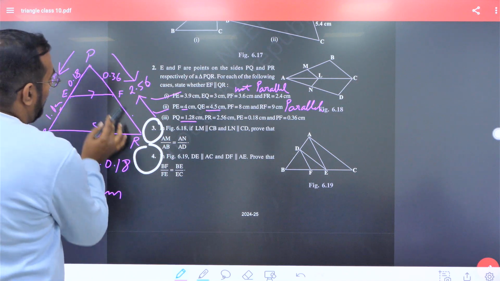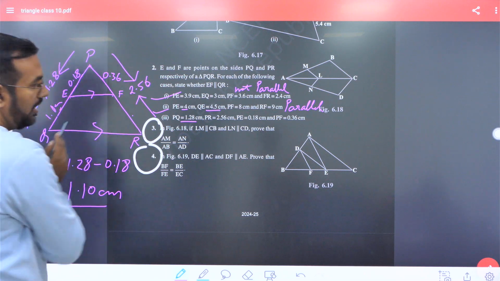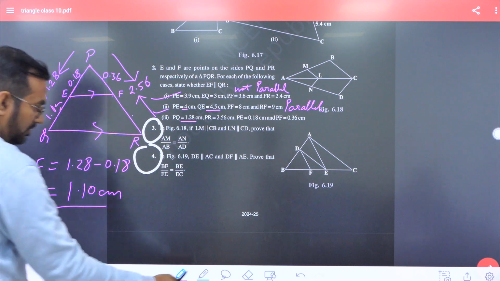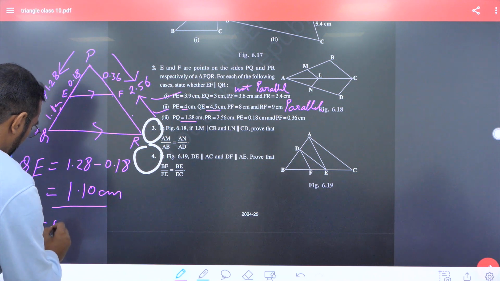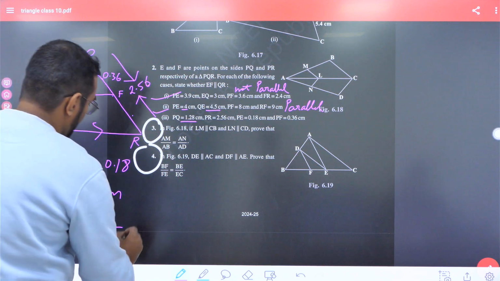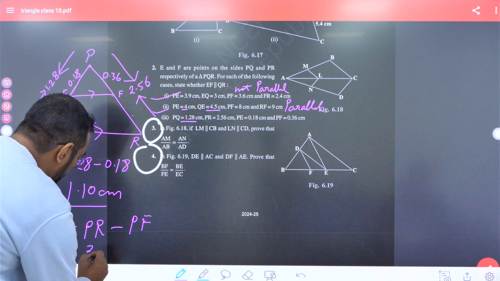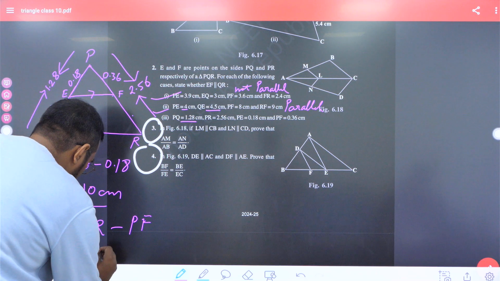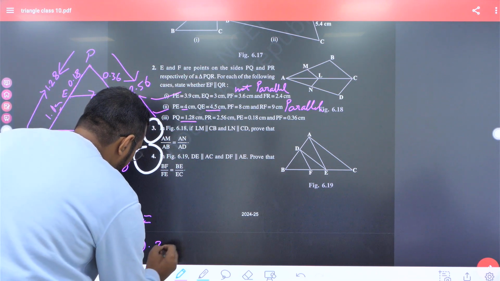Similarly, you can find FR by subtracting PF from PR, right beta? How will we get FR? FR will be equal to PR minus PF. That will be equal to 2.56 minus 0.36.